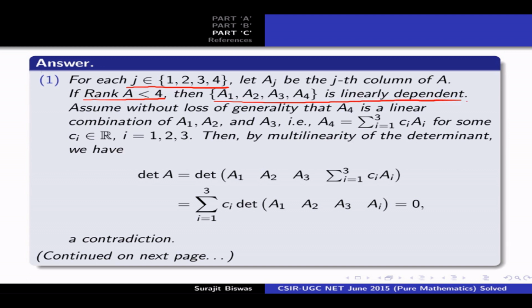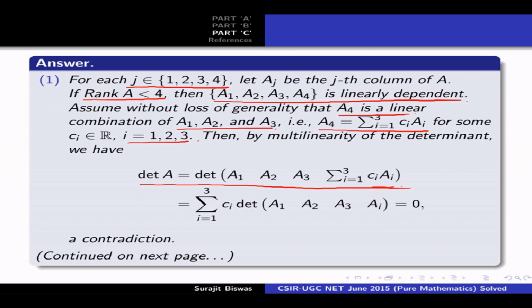Assume without loss of generality that A4 is a linear combination of A1, A2 and A3. That is, A4 equal to the sum for i equal to 1, 2, 3 of Ci times Ai for some Ci belongs to R. Then by multilinearity of the determinant, we have the determinant of A equal to the determinant of A1, A2, A3, with A4 replaced by this linear combination.